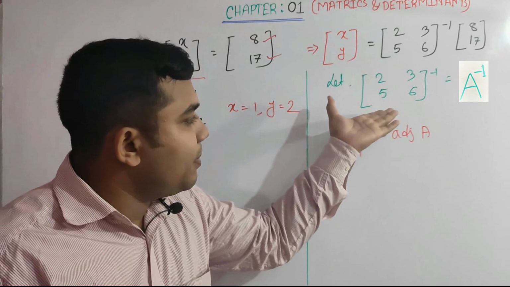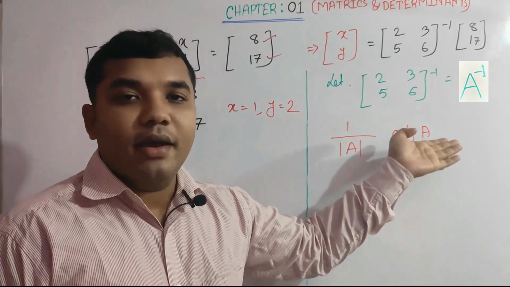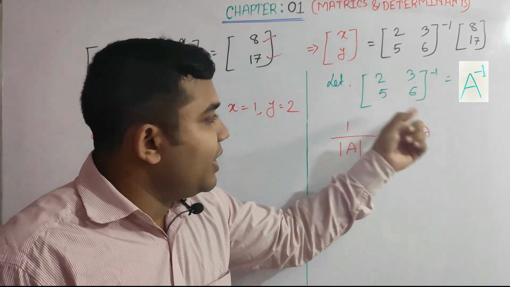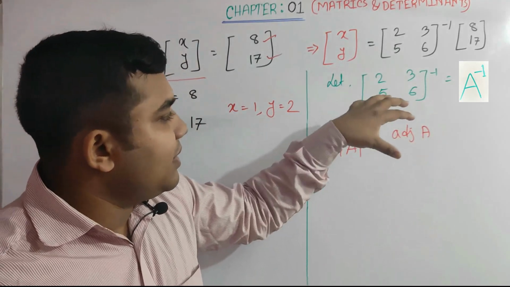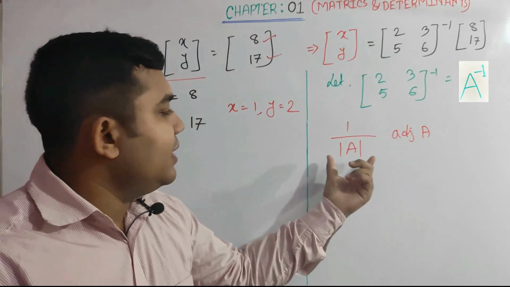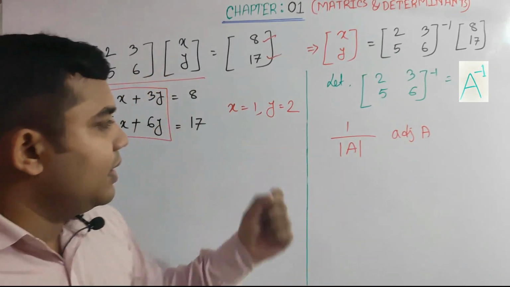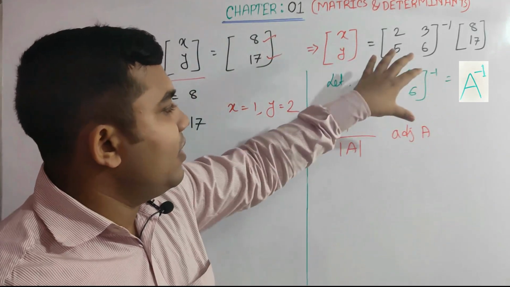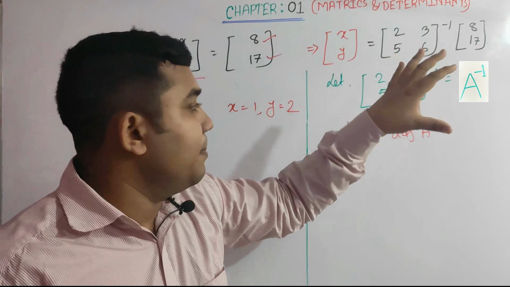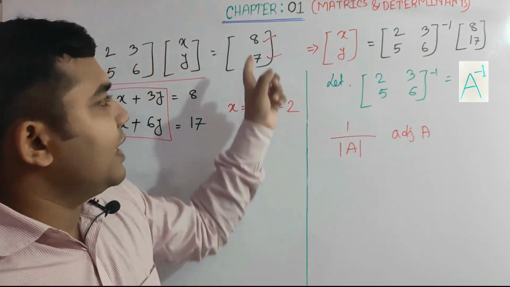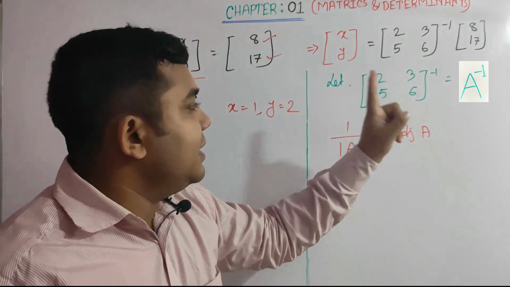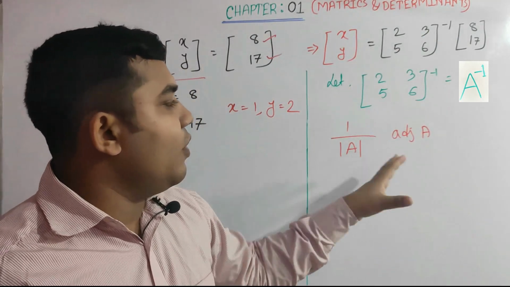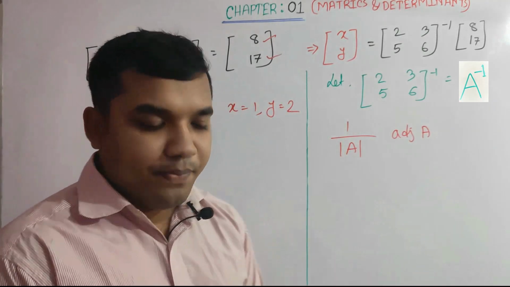So this is the area where the determinant part is needed, and it is a very important area where the determinant has to be found. Now this lecture is not about finding the value of the inverse matrix, but about determinant, and this is the place where determinant is needed.